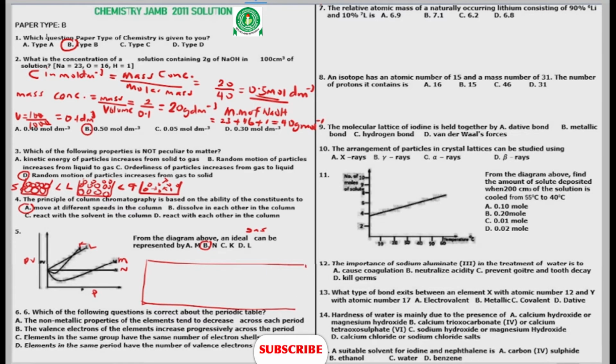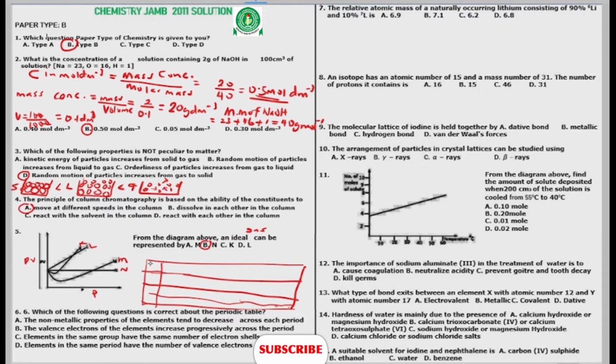We have the vertical. I want to sketch the first 20 elements, so as to understand this very well. So we have a sketch of a periodic table here. Now here we have the group, then we have the period.